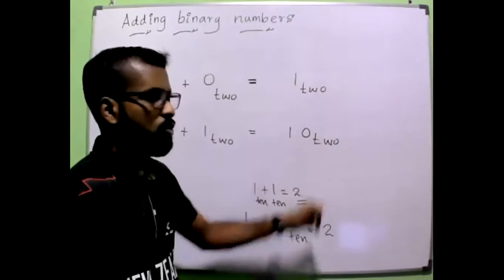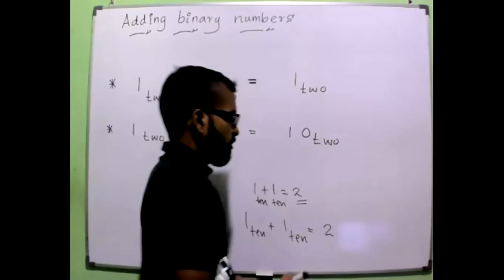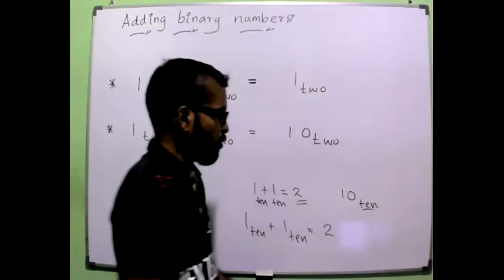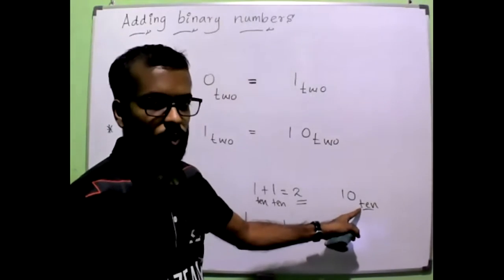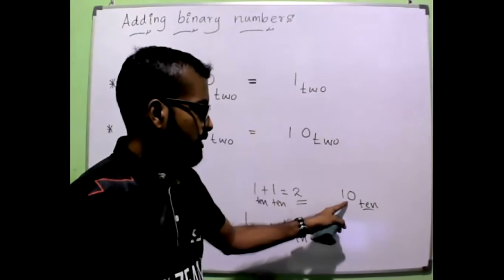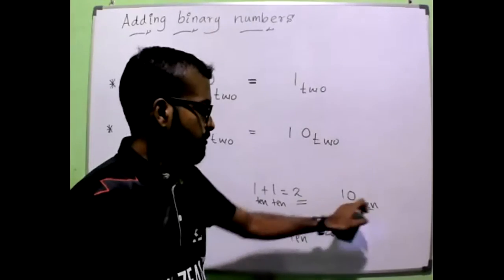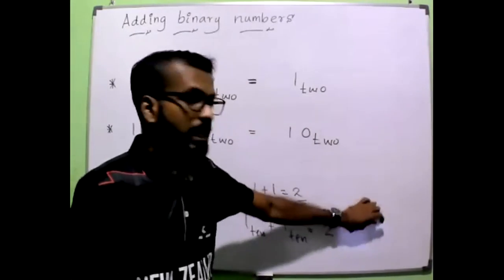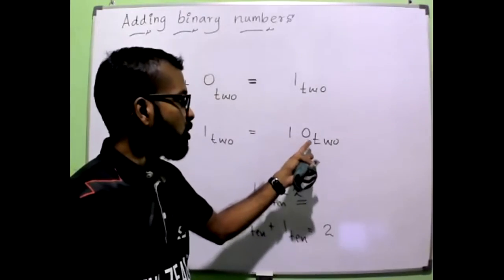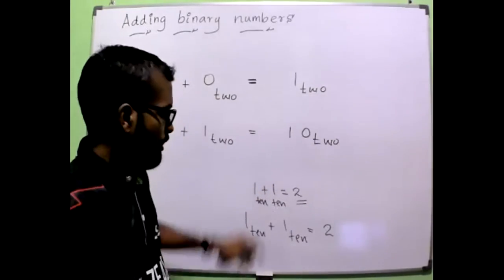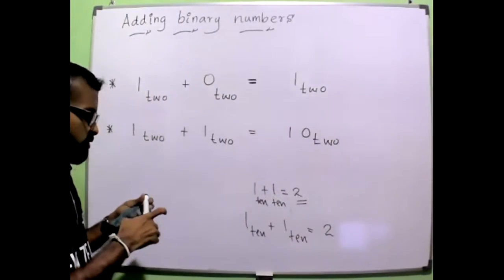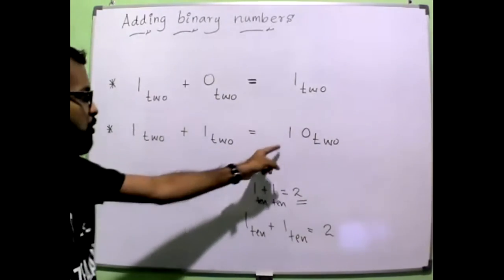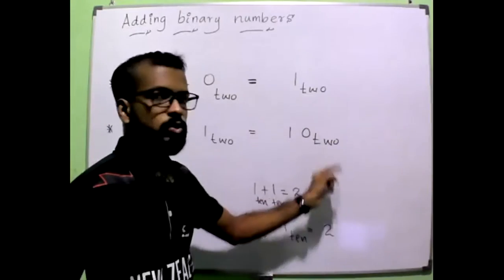When you are reading this number, it is 1 0 base 2. If it is base 10, you just say 10, with no need to mention base 10. But in binary numbers, this is 1 0 base 2. If you see 1 base 2 plus 1 base 2, the answer is 1 0 base 2.